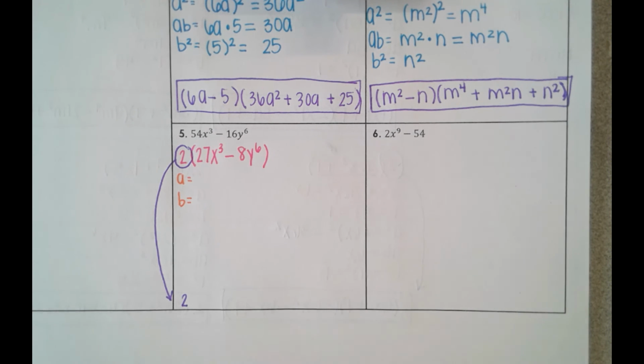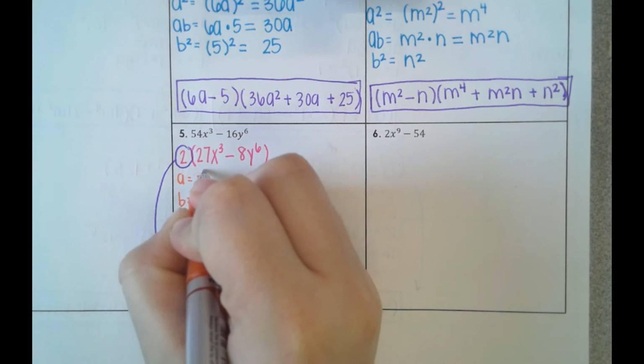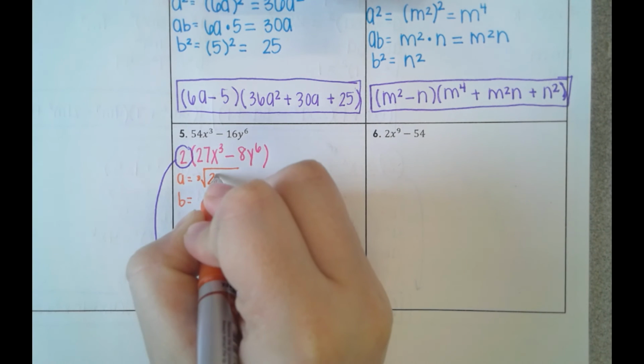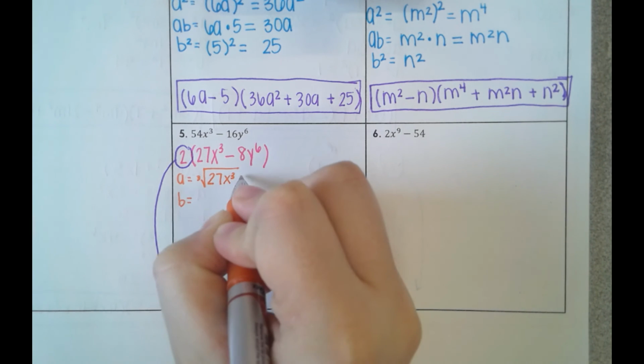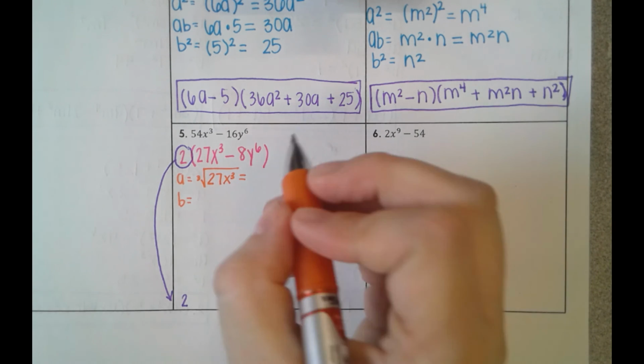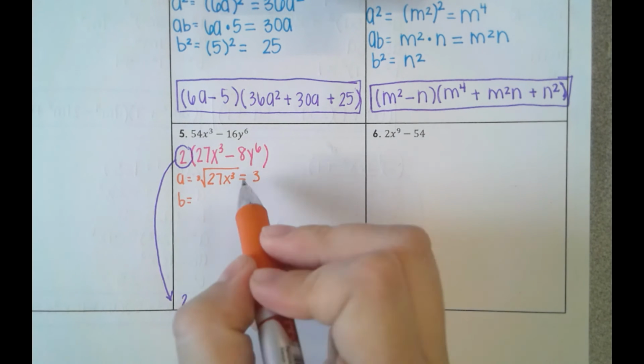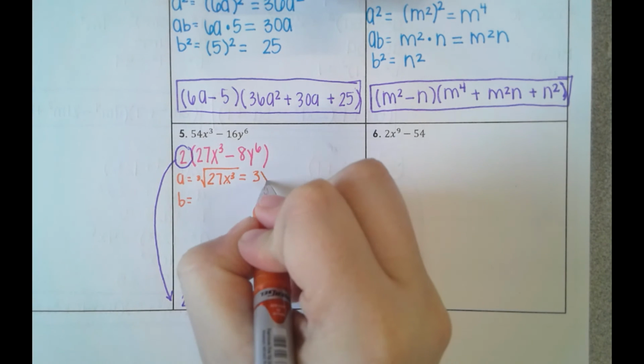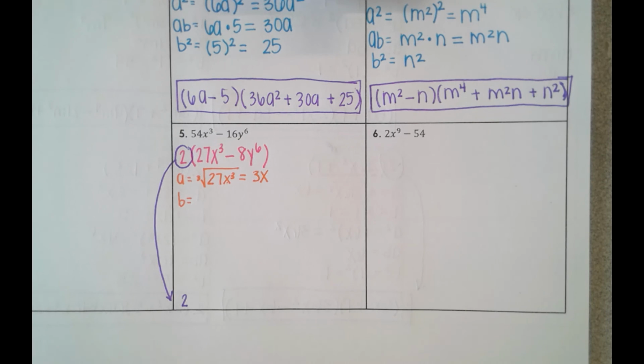So A, that is the cube root of 27x cubed. Well, the cube root of 27 is 3, and the cube root of x cubed is x. So it's 3x.